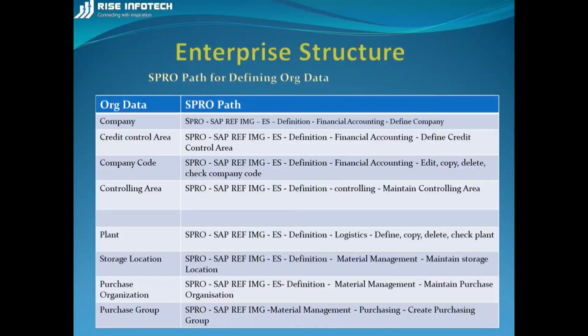After Definition, we choose Financial Accounting. Below Financial Accounting, Definition, Define Company. Then you execute over there for company creation. Like that, we do it for credit control area, company code, controlling area, plant, storage location, purchase organization, and purchase group. Each has its own specifications and path.